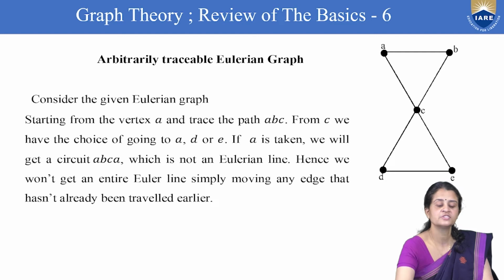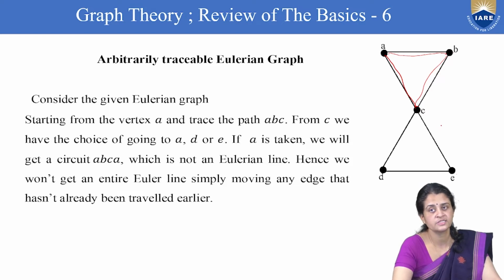If we start from A and go to B, from B to C, from C I have the options of going to E, D or A. If I go back to A, can I trace the whole graph? No, it's not possible. That is not an Eulerian trail of this graph. Hence you won't get the entire Eulerian trail simply by moving along edges that we have not traveled before.